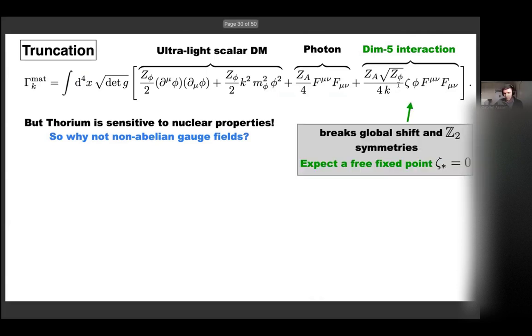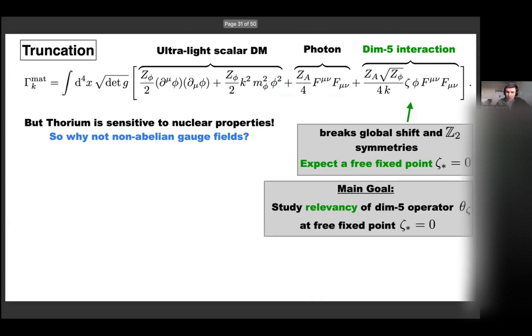Well, the point, first, I want to say what the main goal is of the work. And I come back to this question just now. So first, we know that this dimension 5 term breaks symmetries of the kinetic term for the scalar. So it breaks global shift symmetry and Z2 symmetries. So we actually expect that there's a fixed point at zero coupling, where the zeta coupling is essentially some sort of analog of the dE coupling, if you remember, from the dilatonic actions.